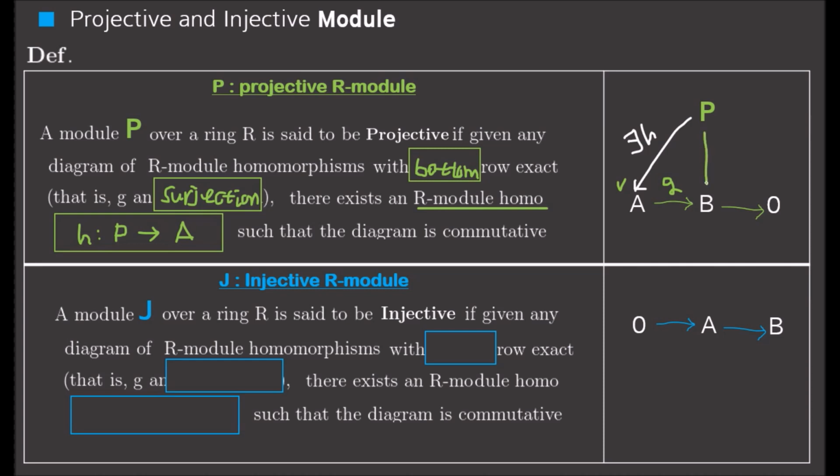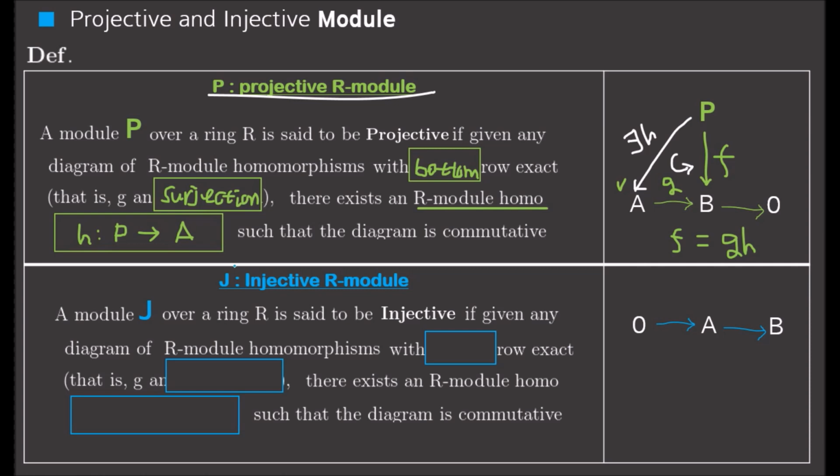For convenience, if we call the map F, then F is the composition of H and G, and this map is commutative. If this property holds for a module P, then the module P is called a projective R-module.